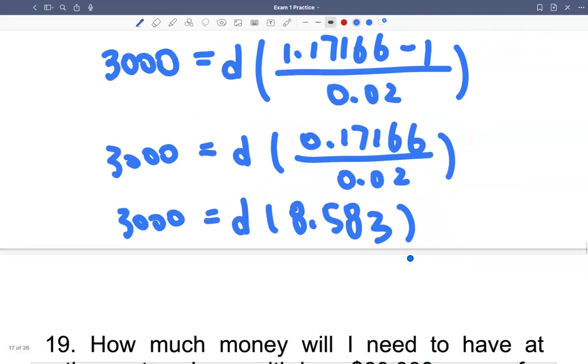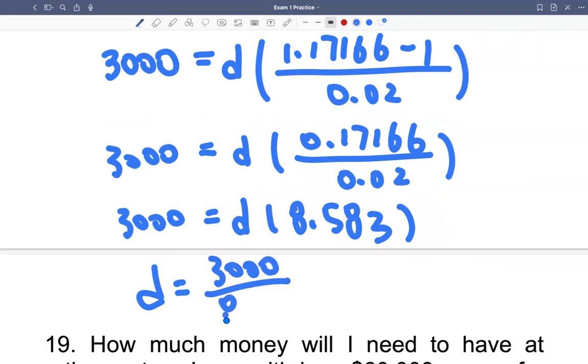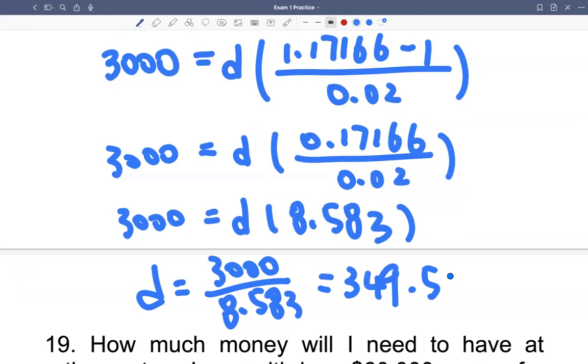Now I need to divide both sides, so D equals 3,000 divided by 8.583, which gives 349.528. Rounding to 2 decimals, we get 349.53.